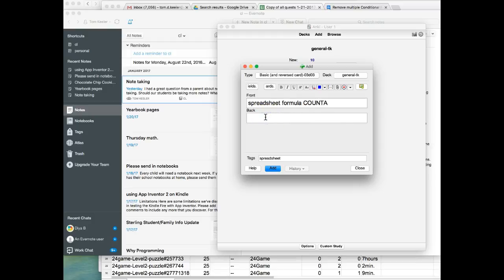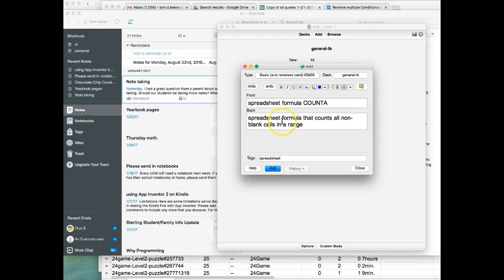And on the back of the card, we put spreadsheet formula that counts all non-blank. Okay, so as long as there's something in the cell, it'll count all non-blank cells in a range. Okay, so that's the answer.